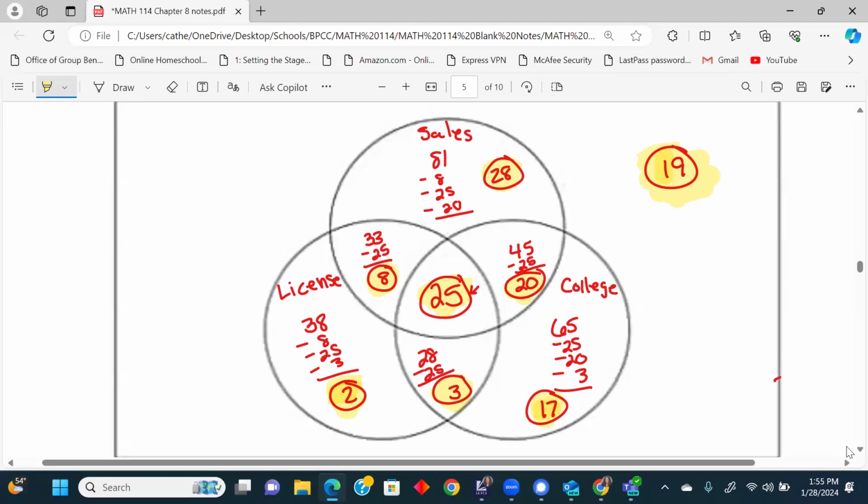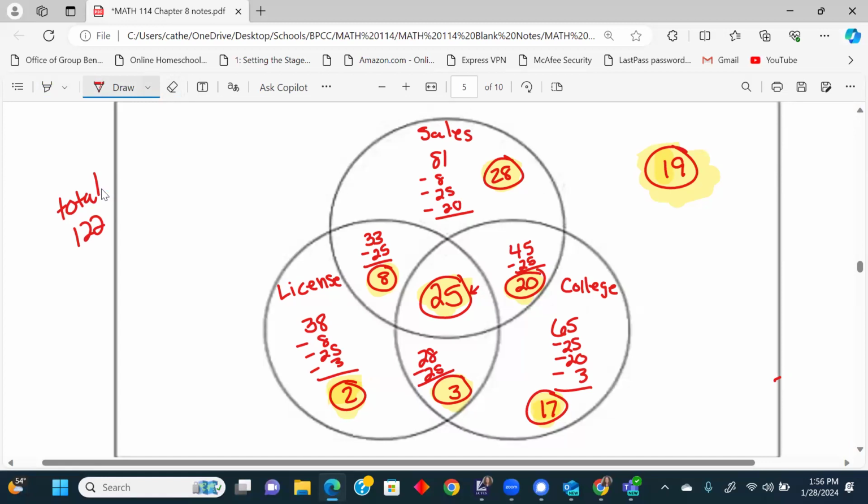Okay, 122. And I'm going to add that up just one more time, just to be sure, because it's quite a few numbers.